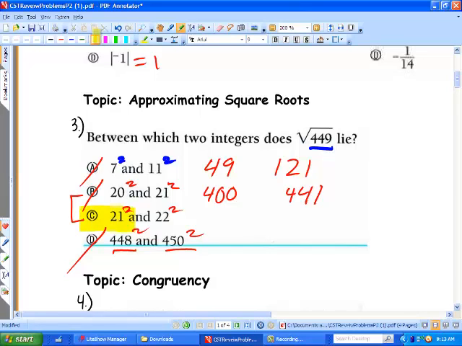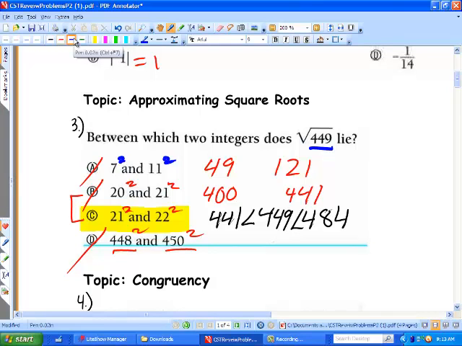So our obvious answer is C, but to double check, we would square 21, which is 441, and square 22, which is 484. And we find that 449 is greater than 441, and it is less than 484. So that is how we managed to get C as our answer.